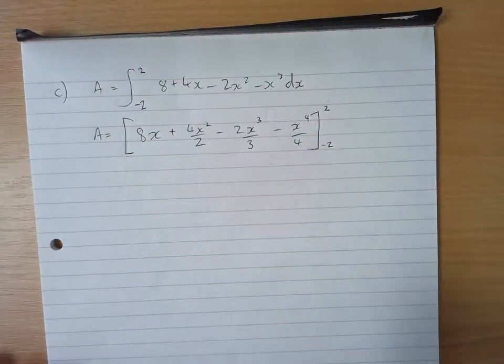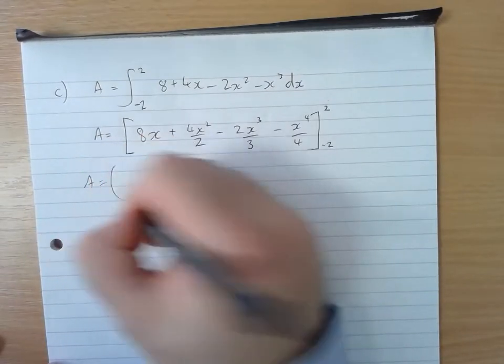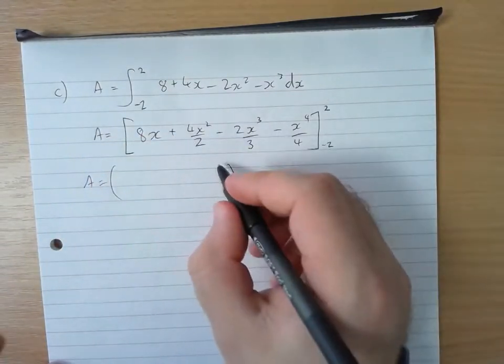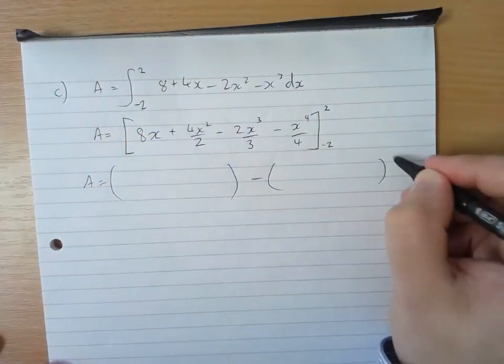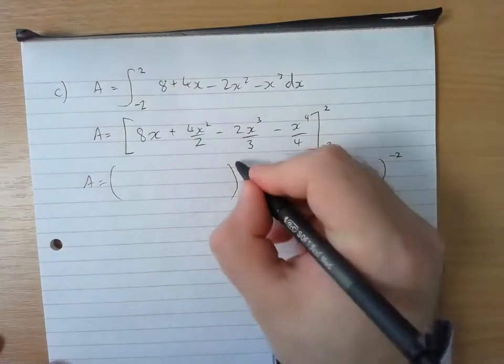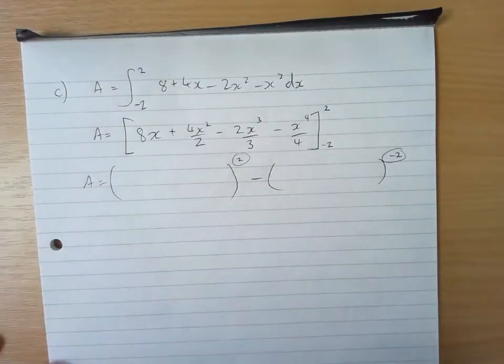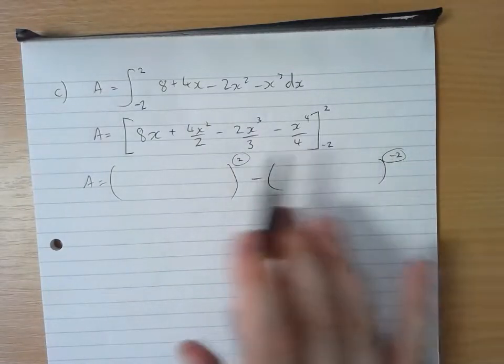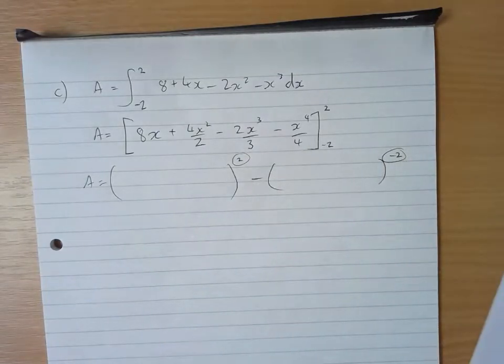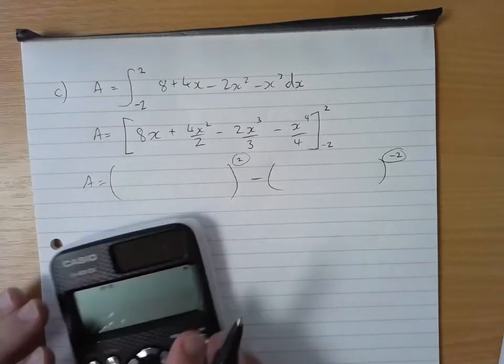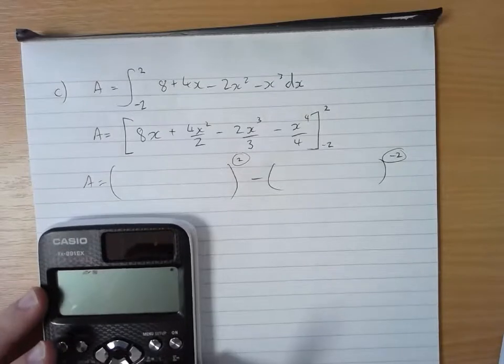So what we need to do now is 2 brackets. This one we're going to sub in 2, take away this one we're going to sub in minus 2. This is just my reminder of what I'm subbing into each one. We can do this on a calculator, you can do it by hand. I'm going to do this on a calculator because I think we're going to end up with an answer involving fractions.